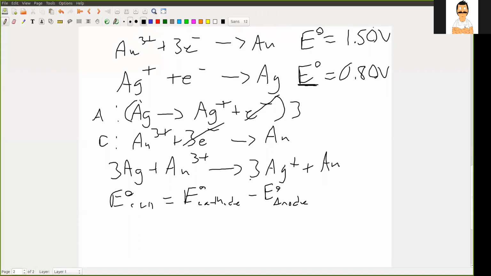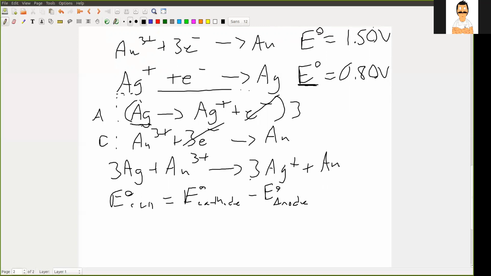The other way to look at it is look at the way you set up your oxidation and reduction reactions. Because initially it's all written in terms of a reduction, but because our silver is our anode, we flipped the direction.